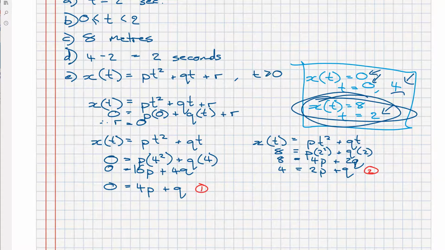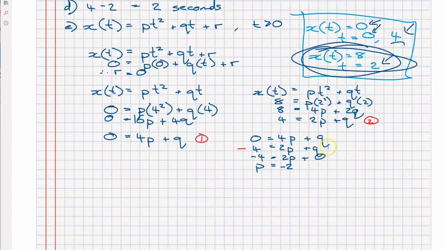Using the process of elimination, this will become 0 minus 4 is minus 4. 4p minus 2p is going to be 2p, and the q's get cancelled out, and therefore p is going to be equal to simply -2.